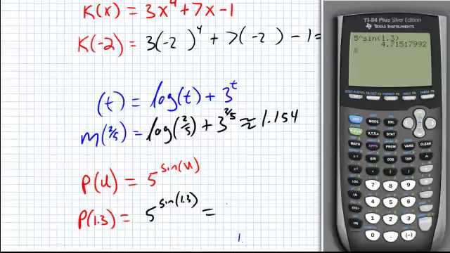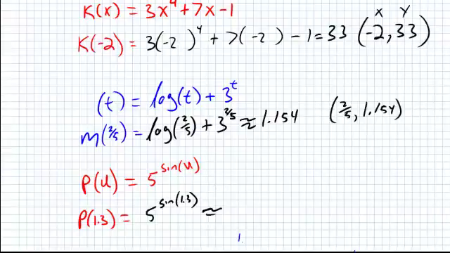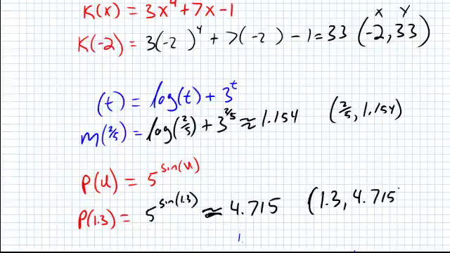Enter, and I get approximately 4.715. And so my ordered pair is going to be 1.3 and 4.715. And there you go.